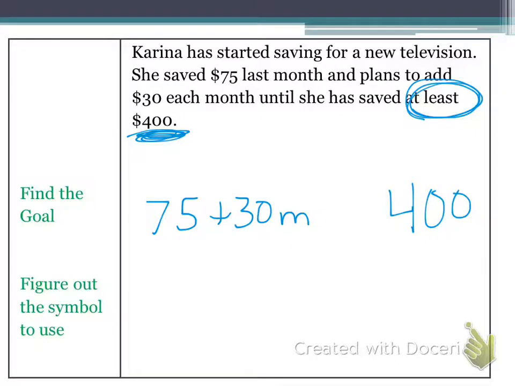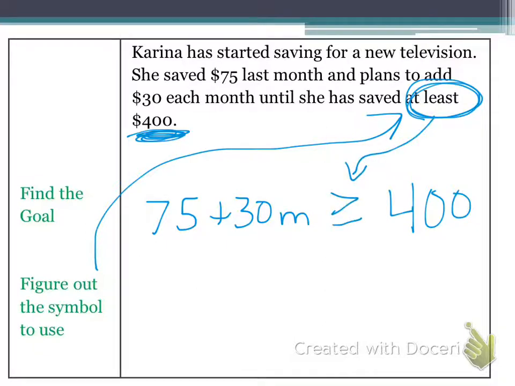Remember, at least means it's okay if we go over, we just can't be under. So at least means that symbol there. Her money that she saves plus the money she's adding has to be at least, so more than or equal to $400. And that's how we write these.